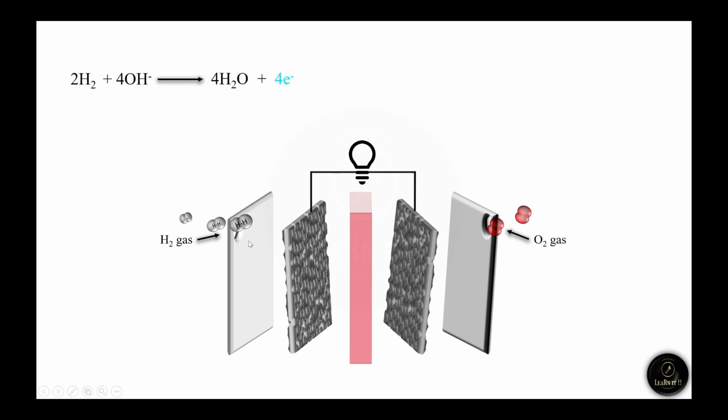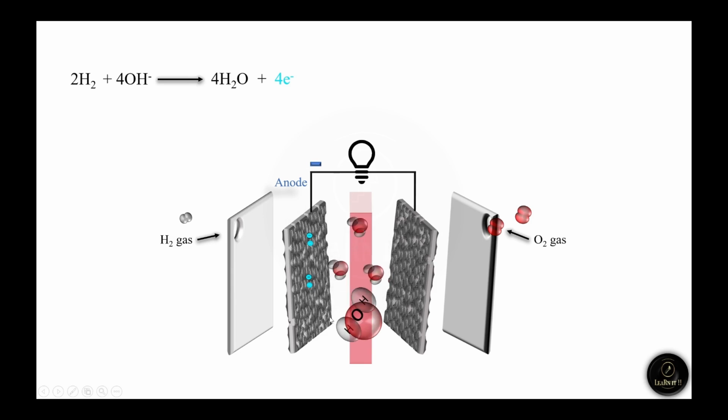Then two molecules of hydrogen enter one electrode and undergo oxidation. The place where oxidation takes place is called the anode. The H plus ions produced upon oxidation react with OH minus present in the electrolyte to form water.